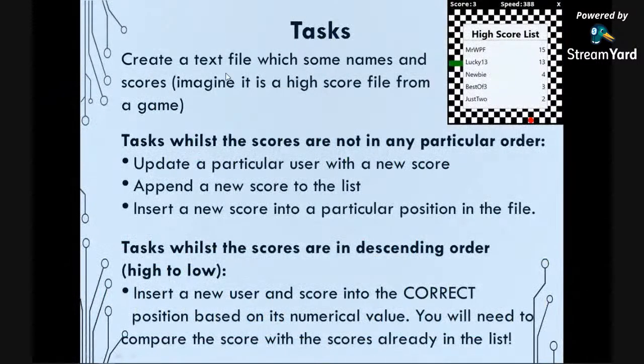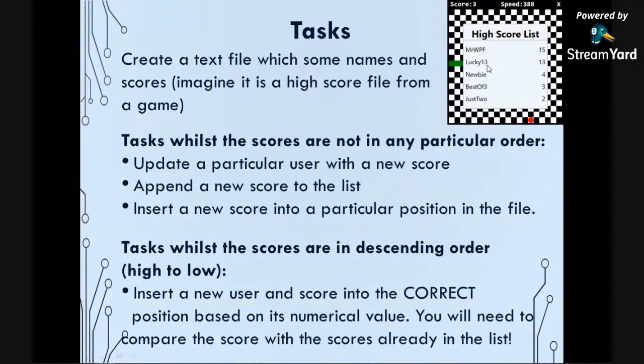But I've got some tasks for you. So first thing I want you to do is create a text file with some names and scores. So imagine it's a high score file from a game. So it looks something like this, perhaps, you probably don't even need a title, just put some names and some scores.